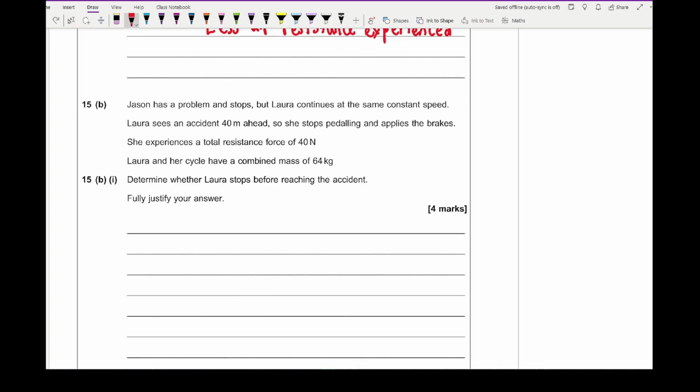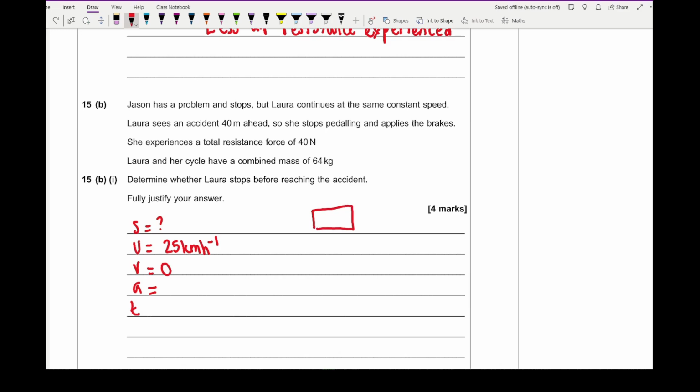So we need to take this to be a SUVAT question. So we want to know the distance travelled by Laura. We have got an initial speed, which is 25 kilometers per hour. We want to know if she stopped in time, so we would have a final speed of 0. We haven't got acceleration just yet, and we haven't got a time. So we need to find the acceleration.